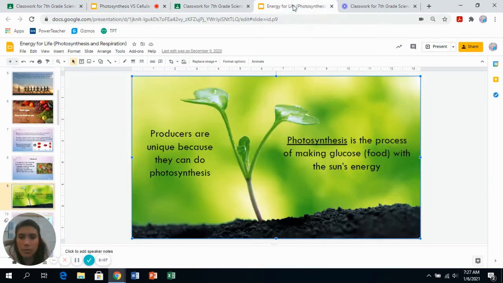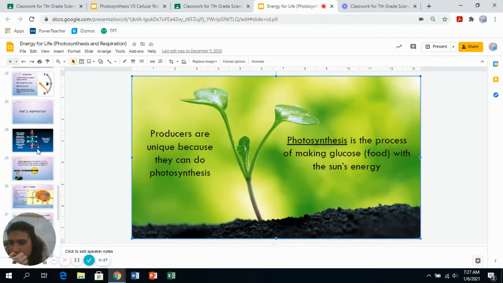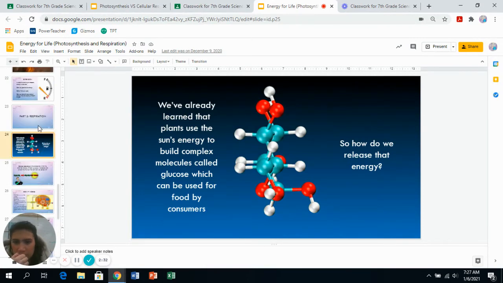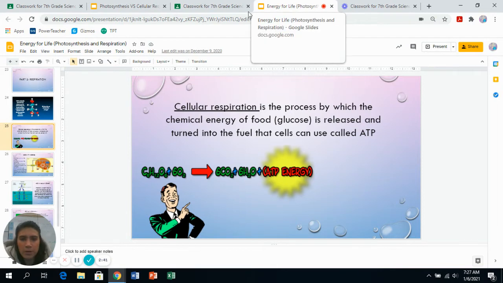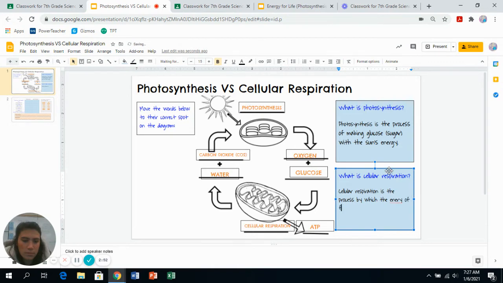So then we're going to go to our Energy for Life, and let's see, cellular respiration. Cellular respiration is a process by which the chemical energy of food, glucose, is redistributed.